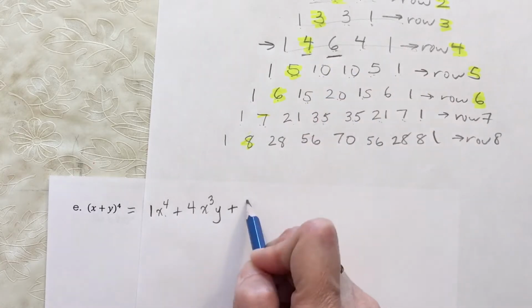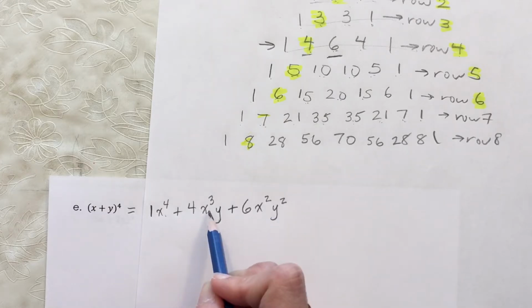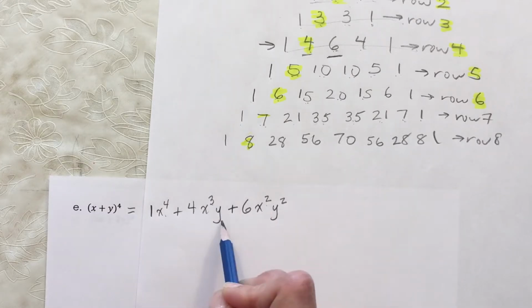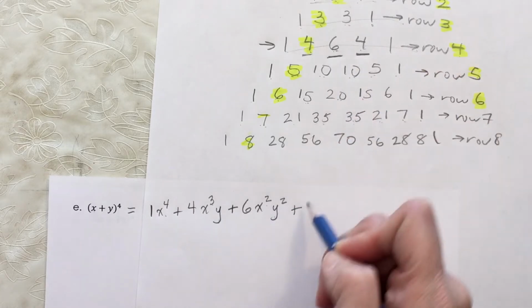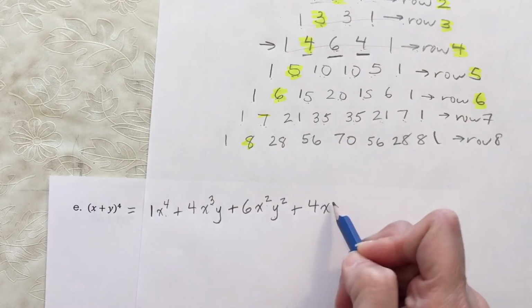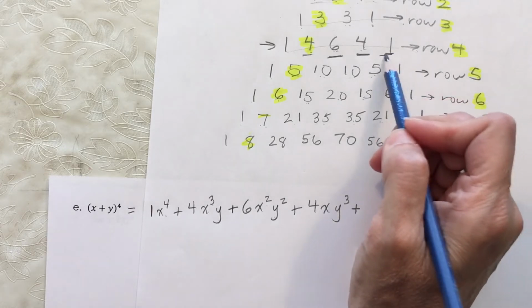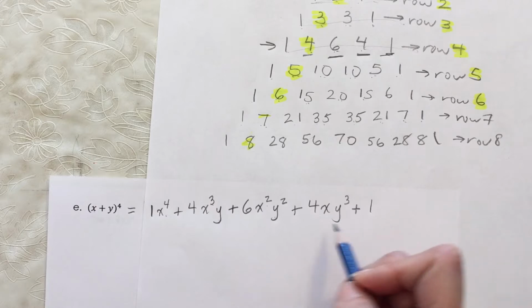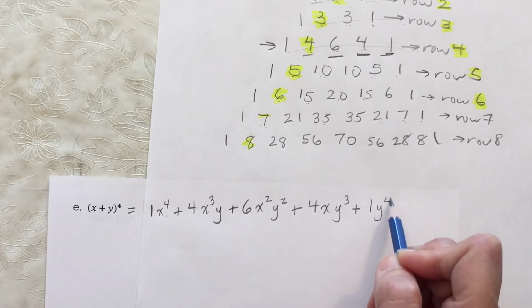plus 6x squared y squared. So the exponent on x reduces by 1, the exponent on y increases by 1, plus 4x to the 1 y cubed plus 1, and then it would be x to the 0, which is 1. You don't need to show y to the 4th.